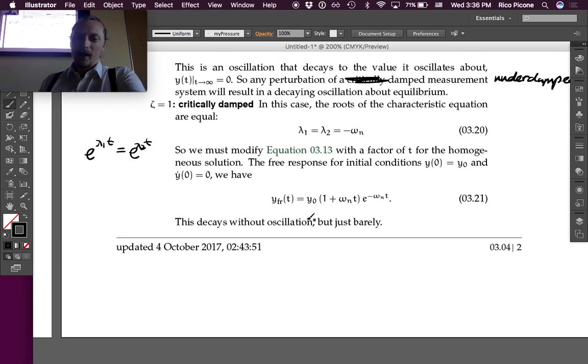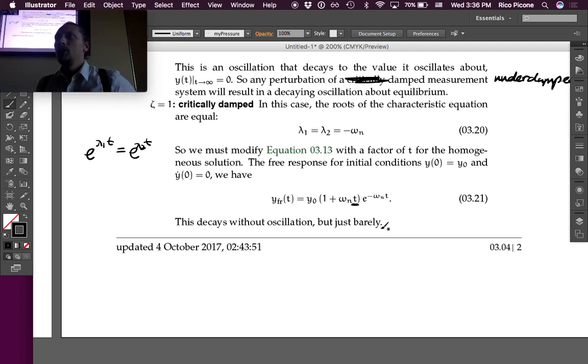So we have y free response equal to the initial value times, we see this factor of t show up. But notice, t is increasing, e to the minus omega n t is decreasing. Who wins that battle? The linear function or the exponential?